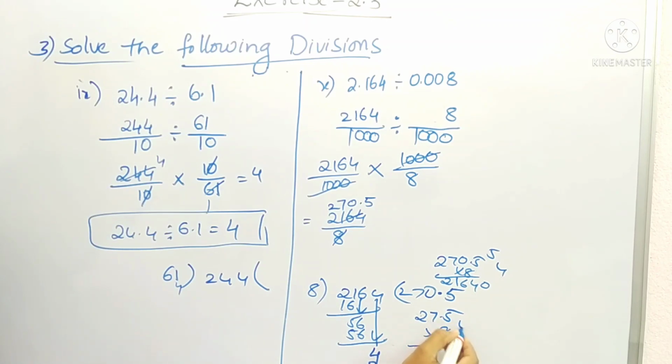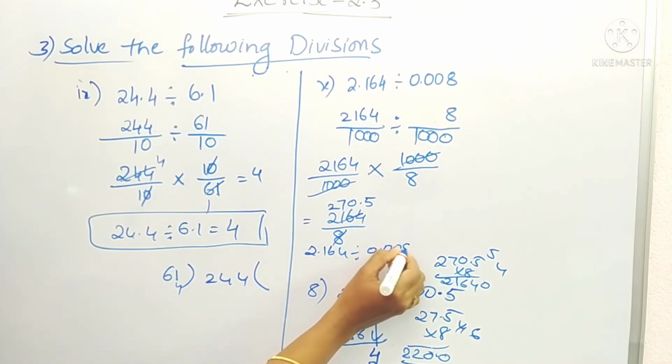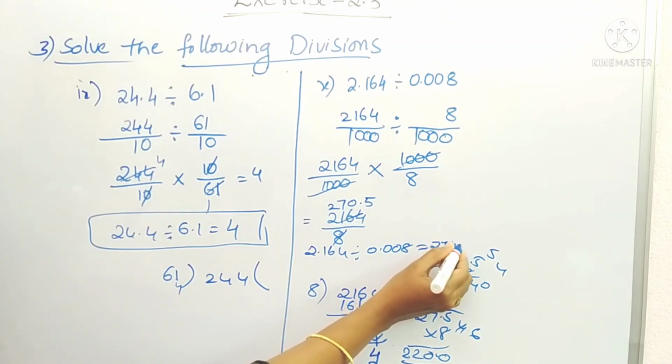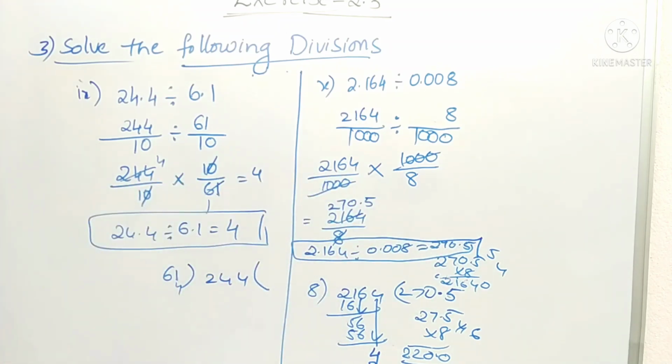Now just multiply: 8 5s are 40, 8 7s are 56 plus 4 is 60, 8 2s are 16 plus 6, 22. So 220 will be the answer. Okay, so definitely you have to write the 0 and after that only you have to give the decimal point. Okay, so here the answer will be 2.164 divided by 0.008 is equal to 270.5. This is the answer.